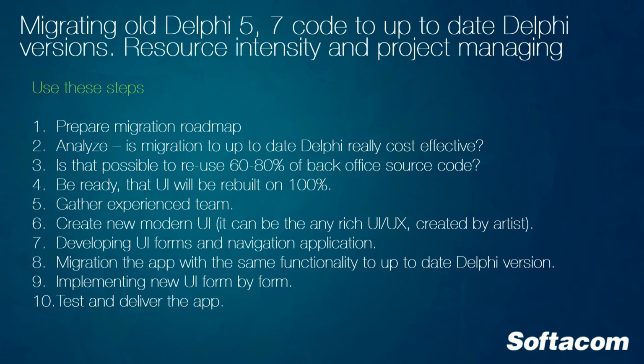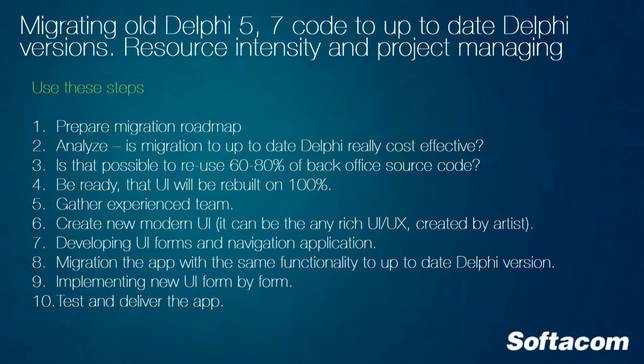Then the next step is developing a prototype of the UI, where we implement all these UI forms and navigation. The customer and client can take it and play with it, to see how it works on different resolutions, how these responsive techniques work, and so on. The next step is migration of functionality, and we implement these new forms step by step.